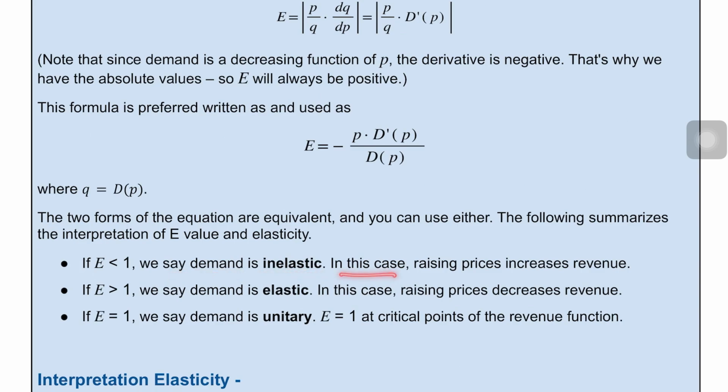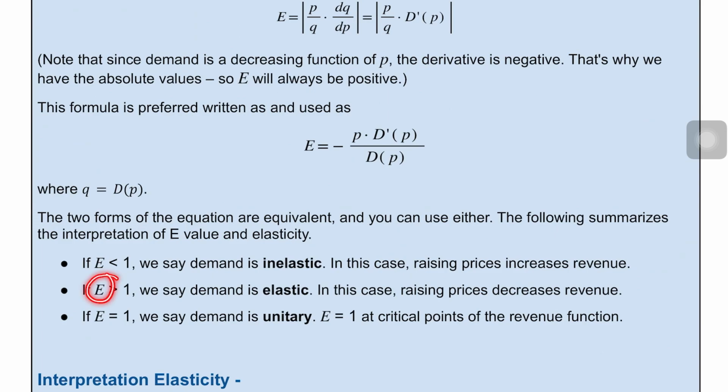If this is inelastic, that means you should increase the prices, because the demand is not going to go down too much, meaning that it's going to increase your revenue.